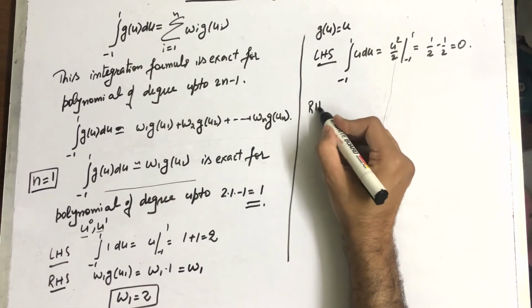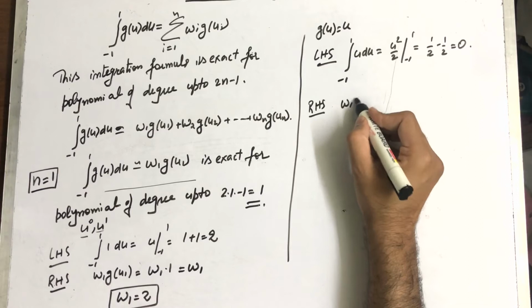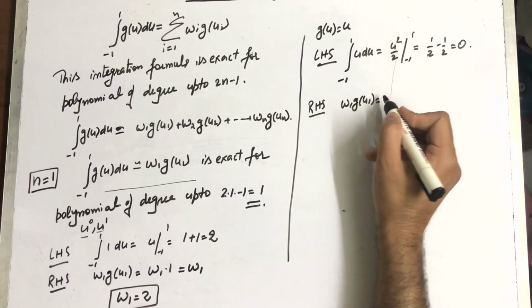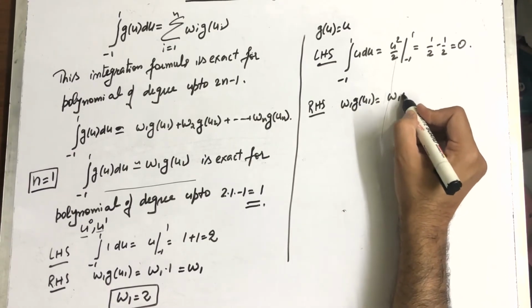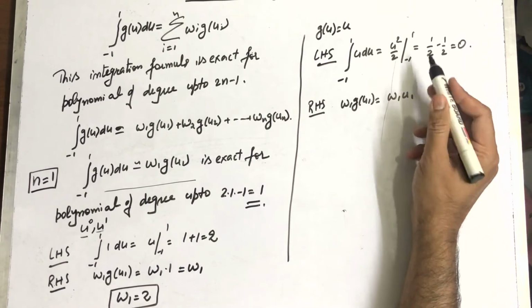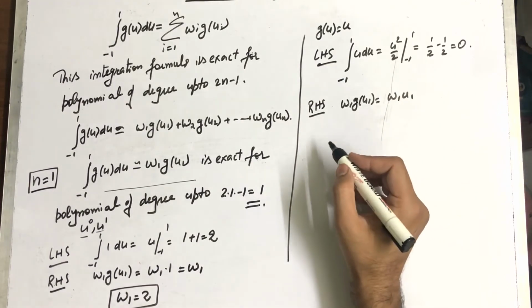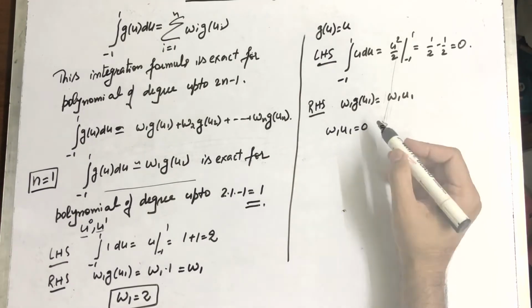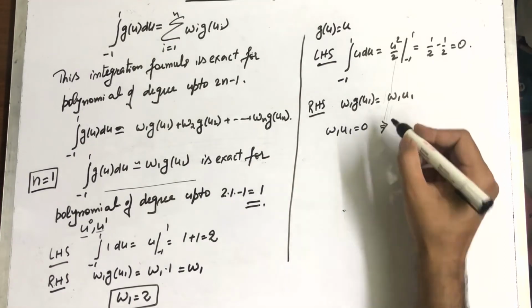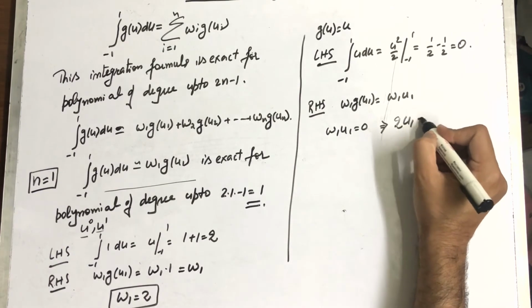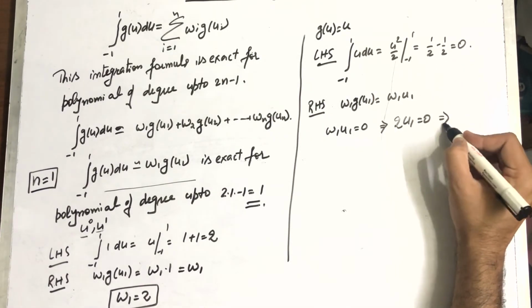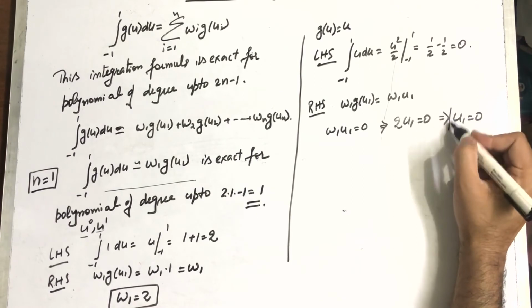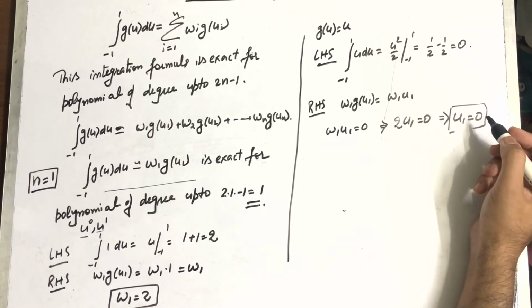And the right hand side is w1 g(u1), that is w1 into u1. Equating these two, we get w1 u1 is equal to 0. We already have w1 is equal to 2. Putting that value here, 2 u1 is equal to 0, which implies u1 is equal to 0. So we have the value of u1 here.